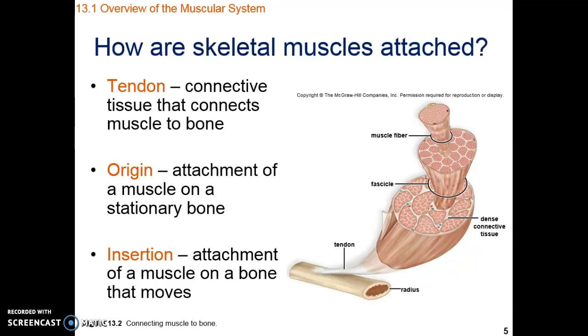So they're going to attach at different places, meaning they're going to insert into a different location on the bone. And that insertion simply just looks like this, but this would be the location of the insertion here, versus another muscle group might come underneath and attach at the end of that bone.